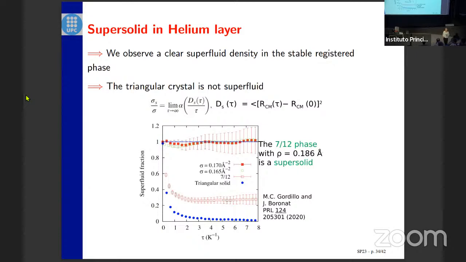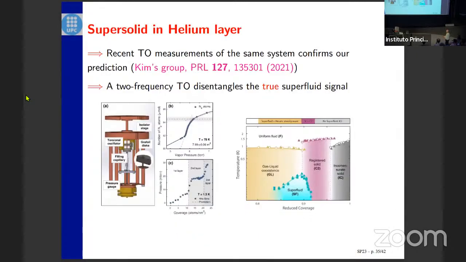That was quite discussed, but we were happy because after a while of our publication, Kim, who was one of the authors with Moses Chan of the famous paper, and who is still working on supersolidity in helium, found this part here in the second layer, exactly the second layer that we were studying.